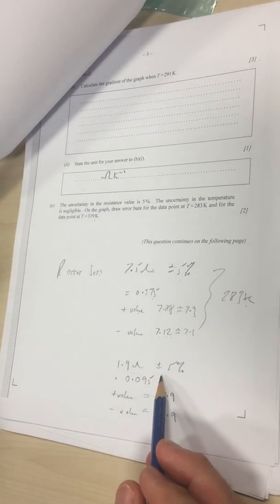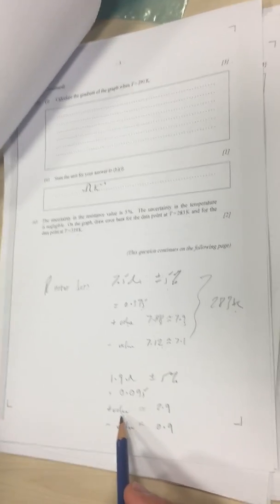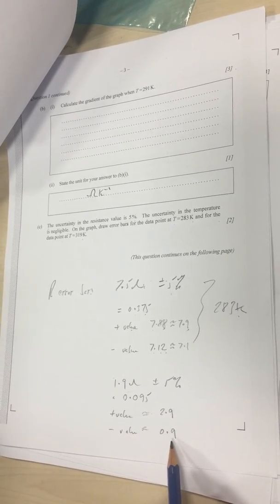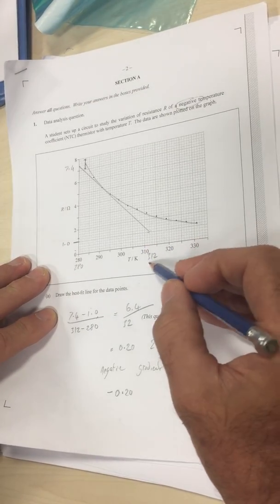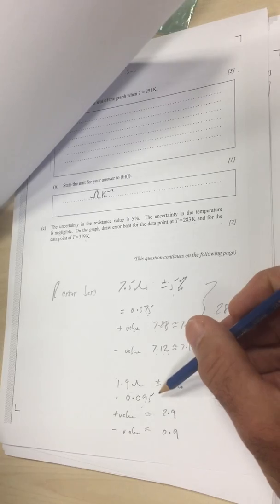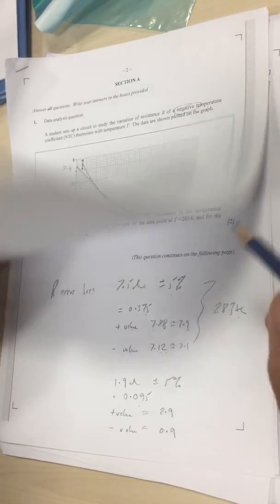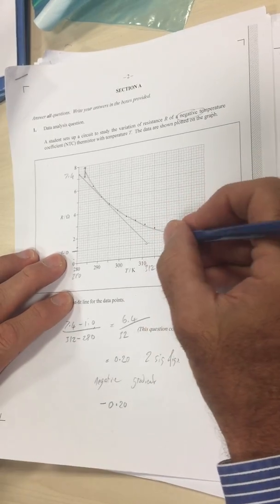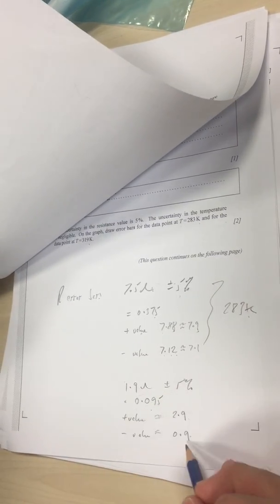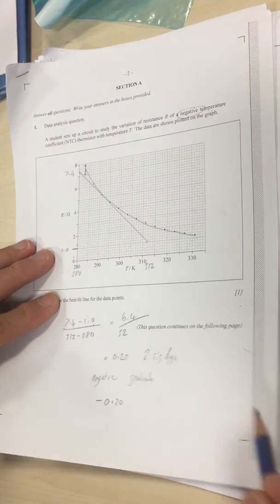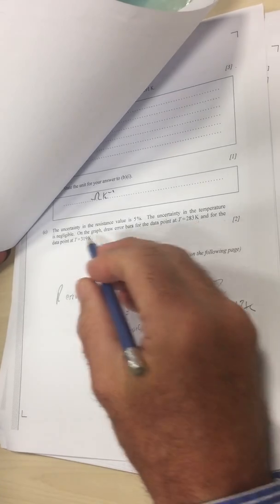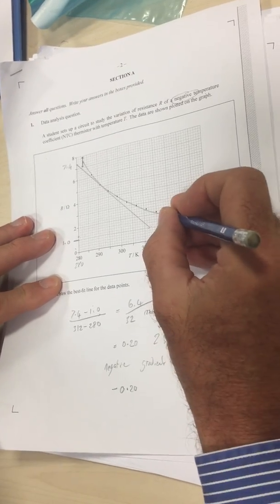Second one, 1.9 ohms plus or minus 5%. That's going to give us a positive value of 2.9 and a negative value of 0.9. Where's our 1.9 ohms value? It's for 319 K, so it's this one here.